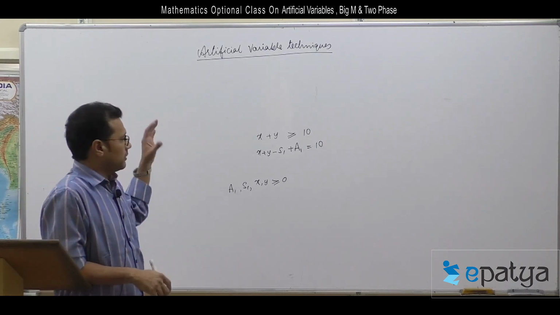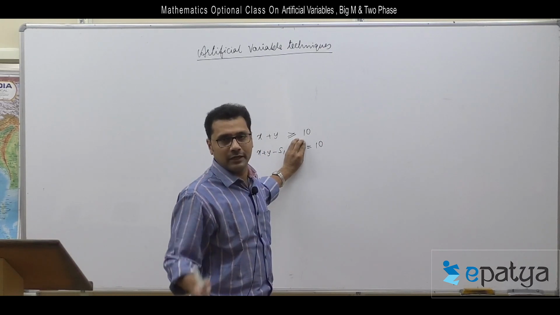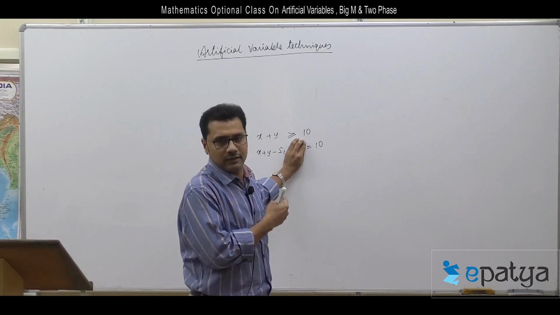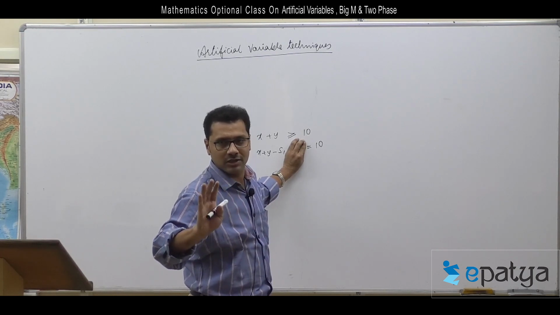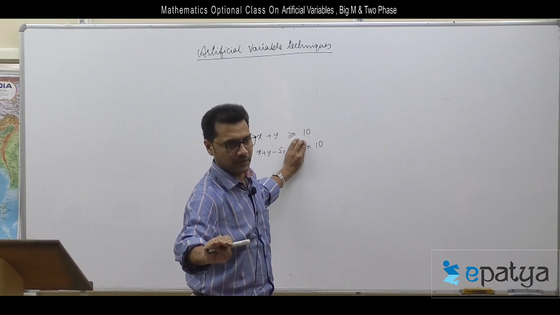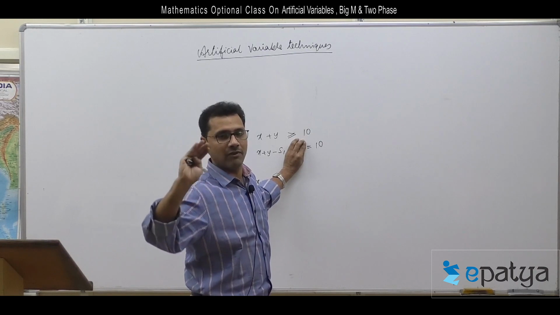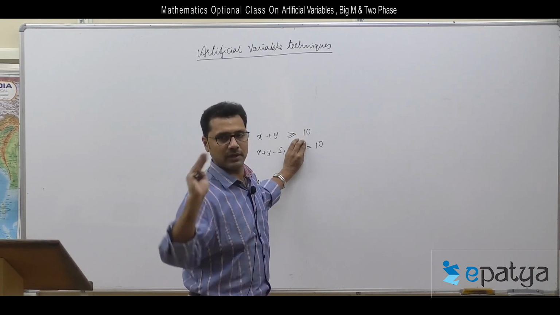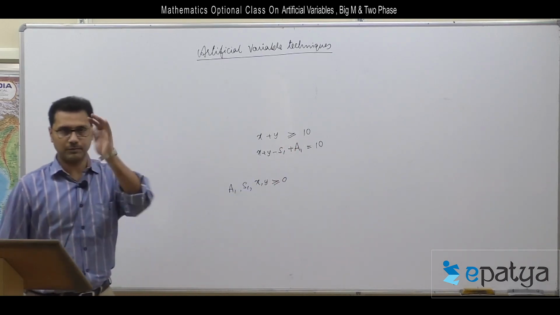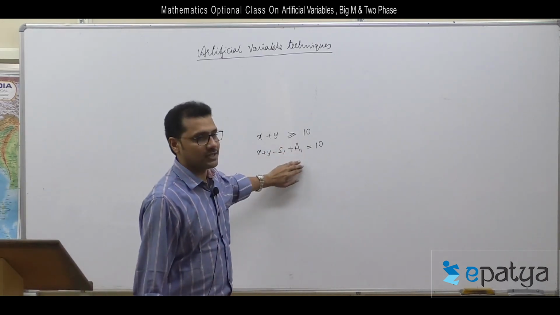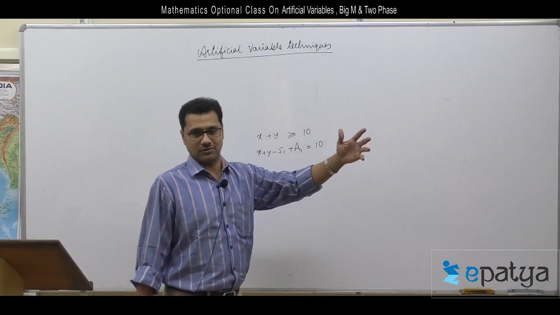Now, without this itself, it is already in the standard form. So, to get into standard form, I don't require any artificial variable. Artificial variable exists not because we have to bring the problem into standard form. Artificial variable exists because we have to have a valid initial basic feasible solution to start your simplex method. Keep this in your mind. I am re-emphasizing this because I know there are people who make mistakes here, which I will tell you about later also.